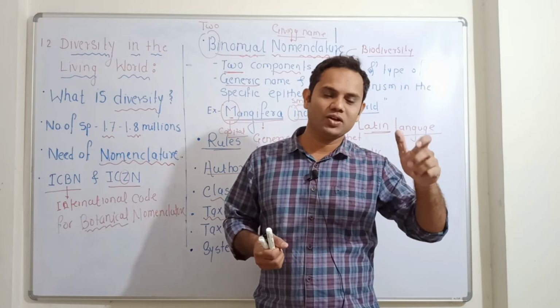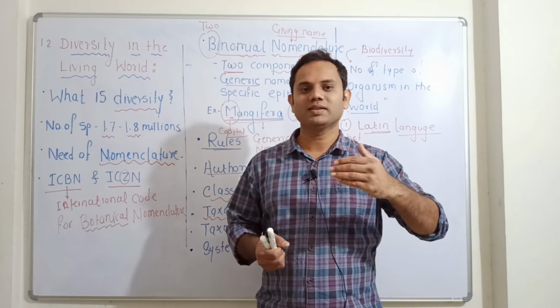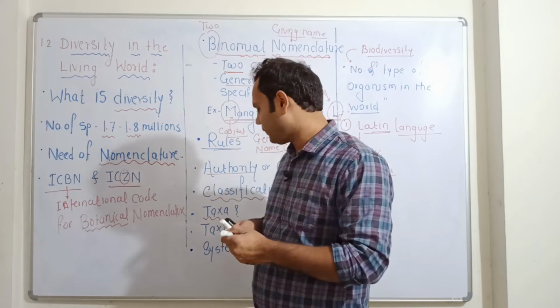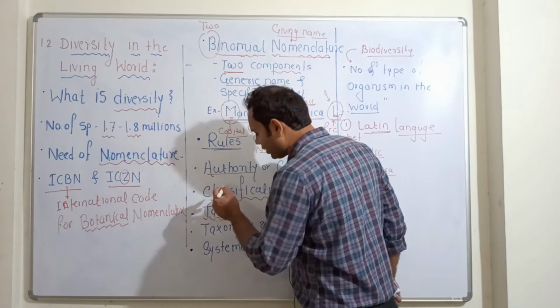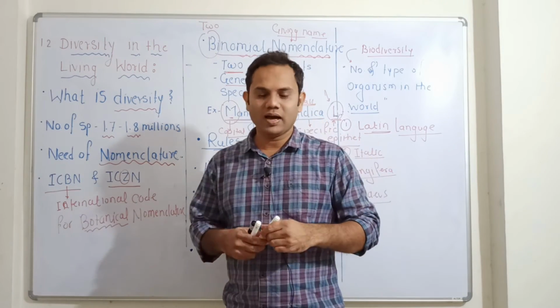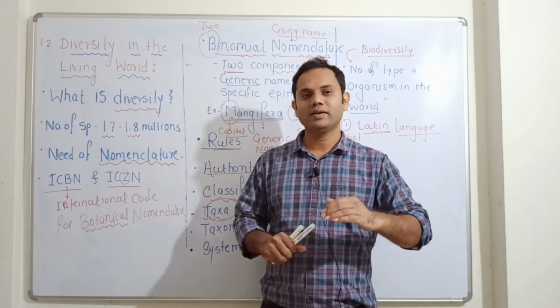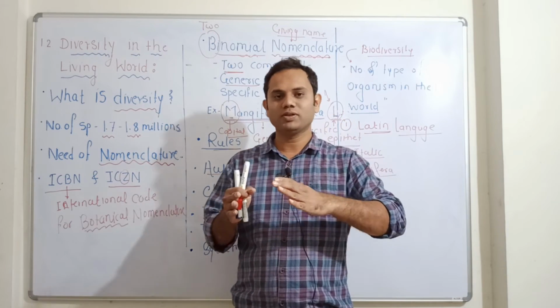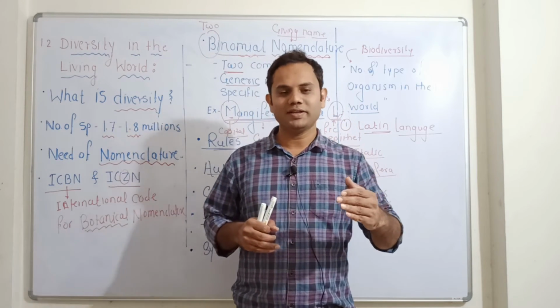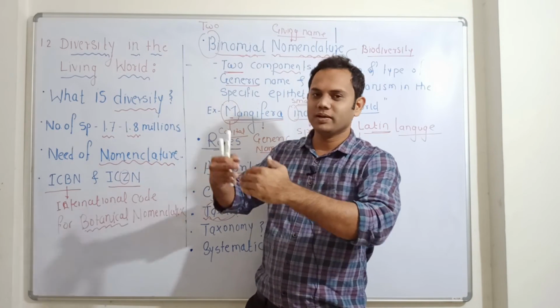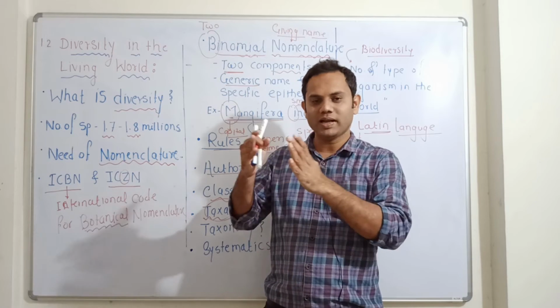This cat, dog and horse are categories, and these categories are called different taxa. Taxa are these categories. For example, I have given you the example of cat. Cat, mammal and Animalia.